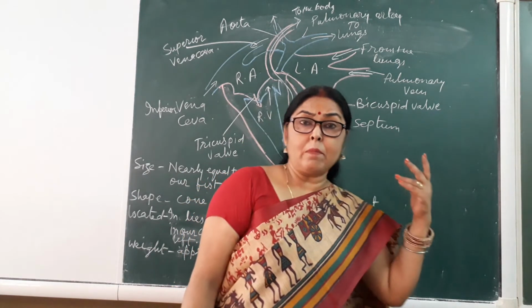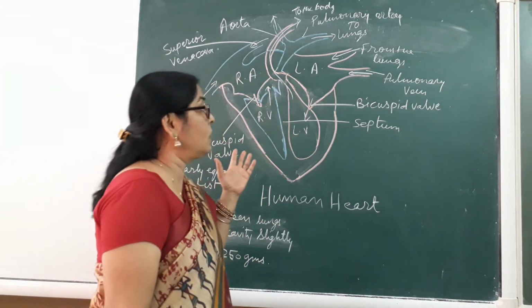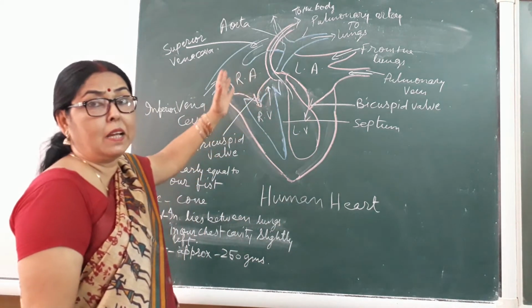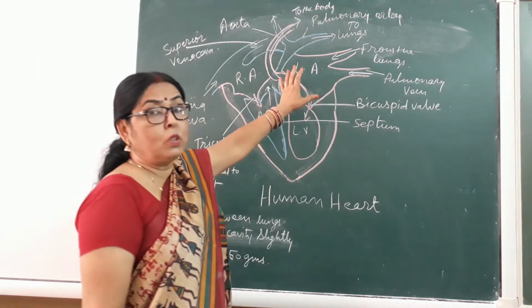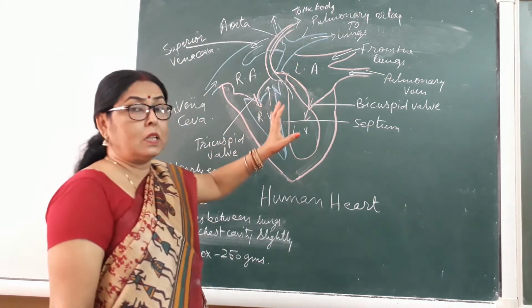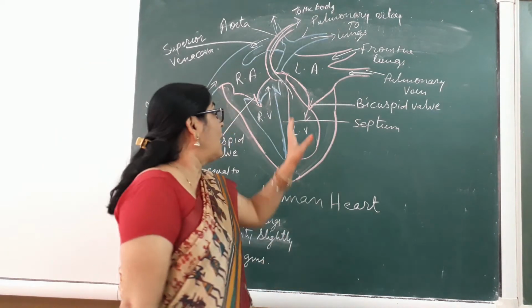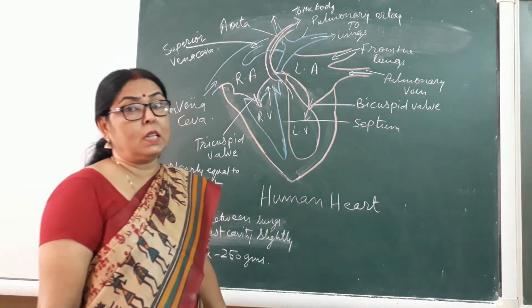Now I am explaining the structure with the help of the diagram that I have drawn here. I have drawn it using two colors: blue denotes the deoxygenated blood part and red denotes the oxygenated blood part.